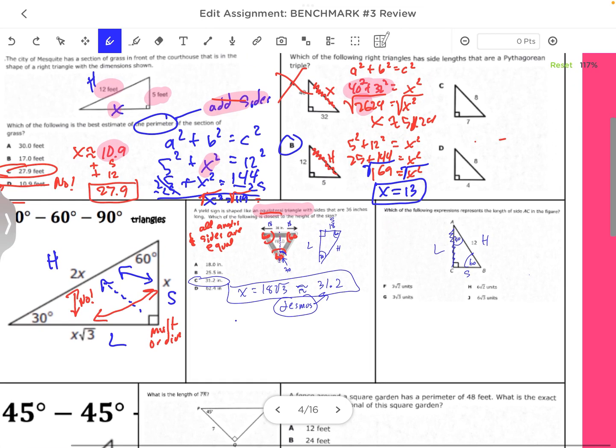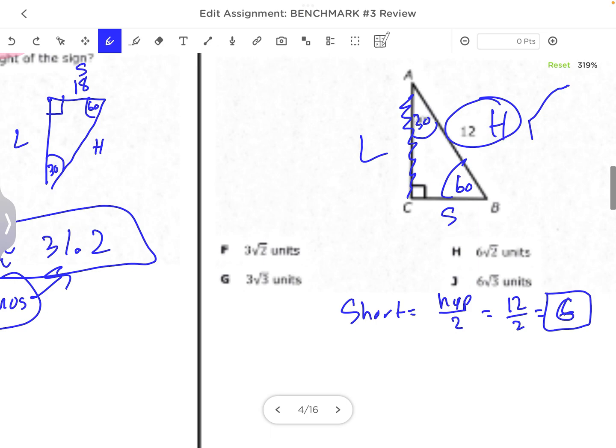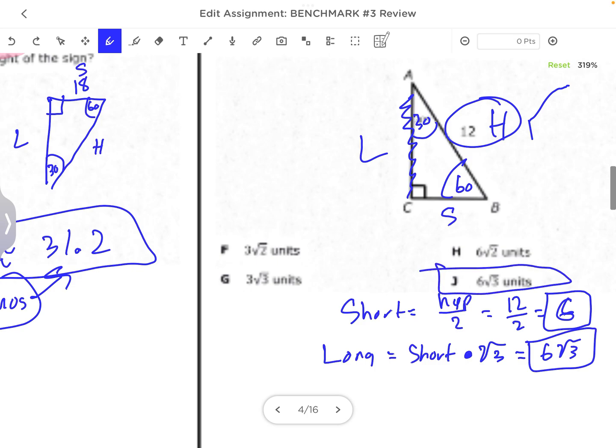If the hypotenuse is 12, the short is equal to the hypotenuse divided by 2, which is 12 divided by 2, which is 6. Now the long is equal to the short times the square root of 3, so that's 6 times the square root of 3. And that is our answer.